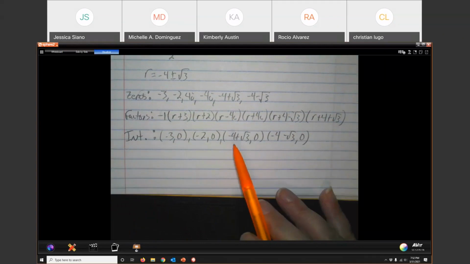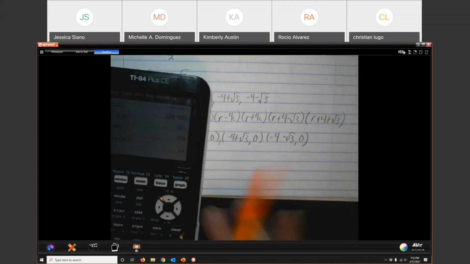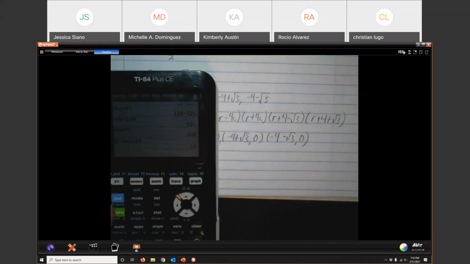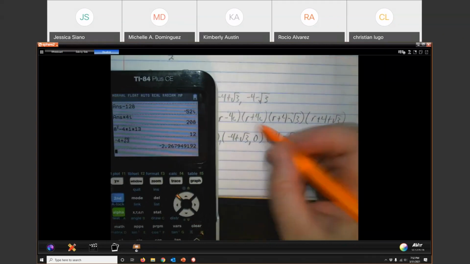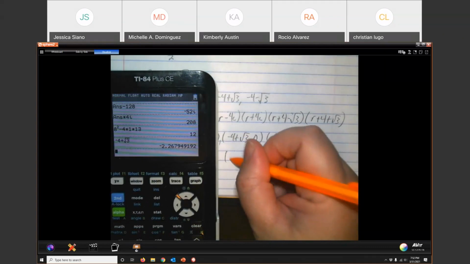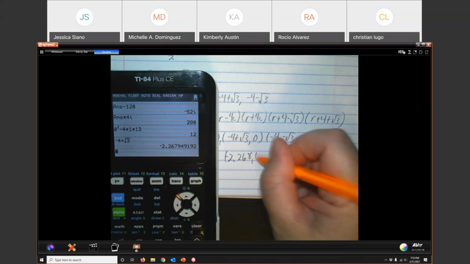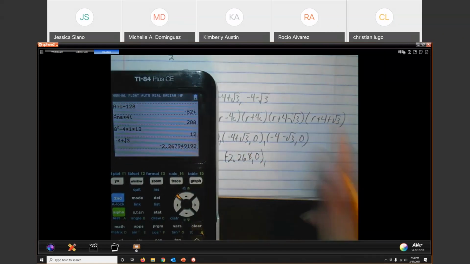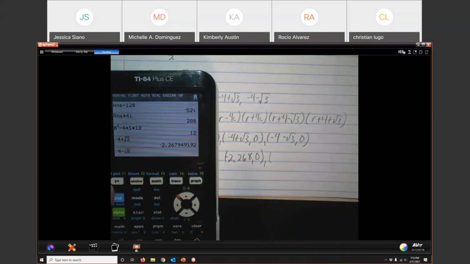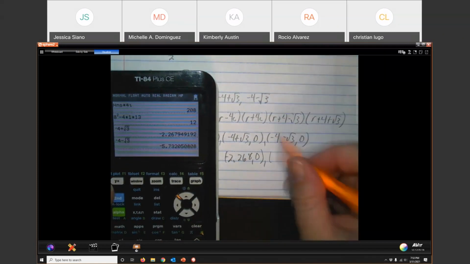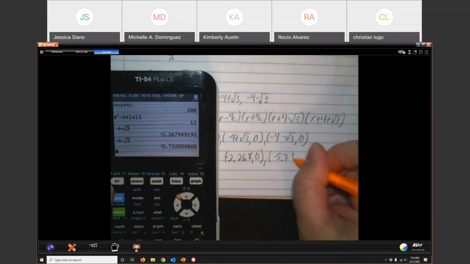But for the intercepts, they want decimals. So negative 4 plus rad 3, negative 2.268, negative 4 minus rad 3, negative 5.732.